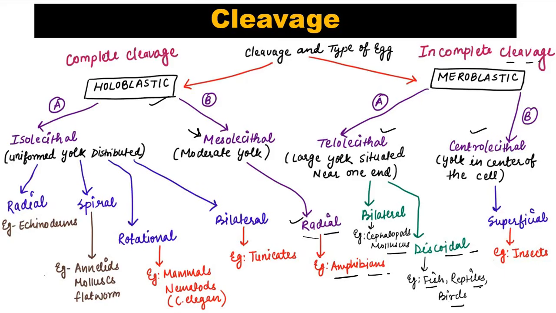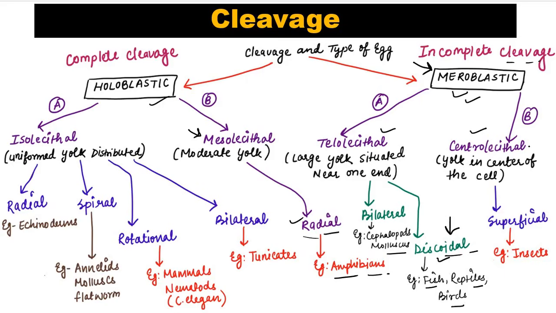So if a question comes up about what kind of cleavage is seen in a reptile, it will be the discoidal meroblastic, because this is a specified cleavage, and meroblastic is the generalized form. So in fish, reptiles, and birds, there will be discoidal meroblastic cleavage.